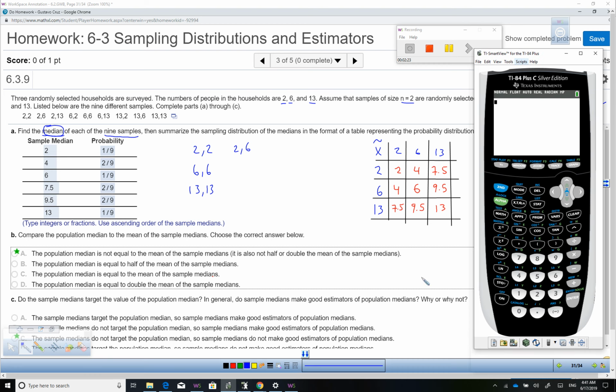although I think it is way faster doing this by hand. For instance, if you want to get the median of 6 and 13, you go to Stat, you go to Edit, and type 6 and 13.